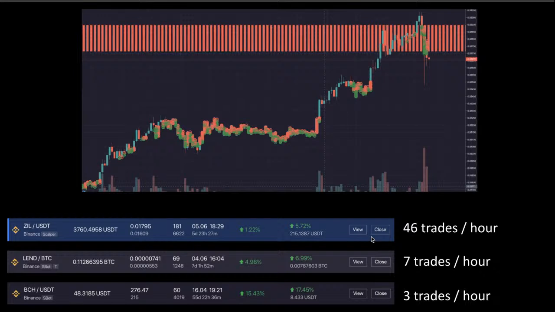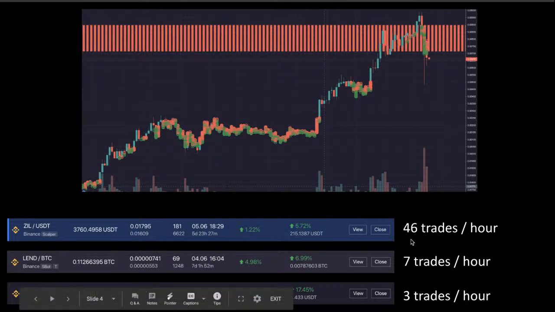We also call it automagically, because you don't have to stay in front of your computer 24/7, because the bot is doing the job for you. And ask yourself, are you able to make that amount of trades per hour without any rest? I doubt so. So using our automated trading bots, you are now able to achieve this high frequency trading.